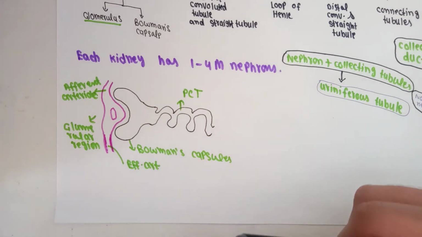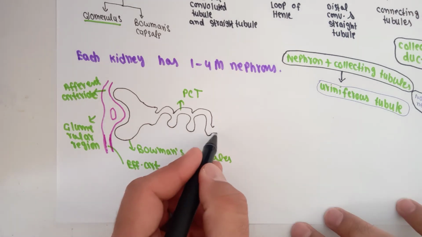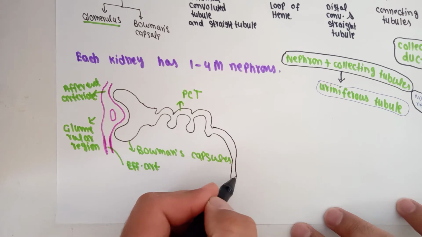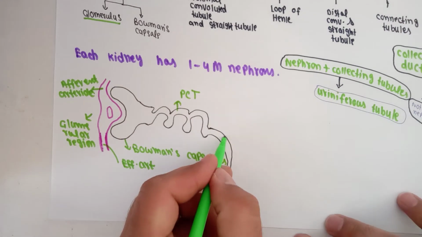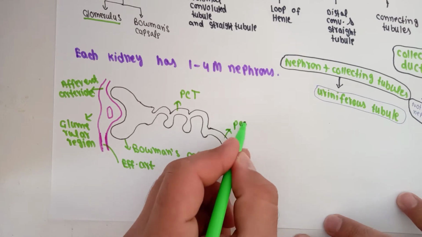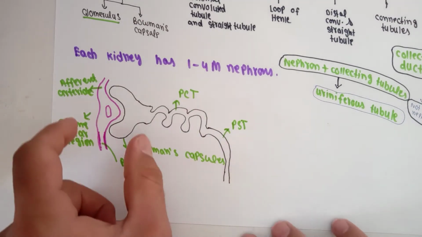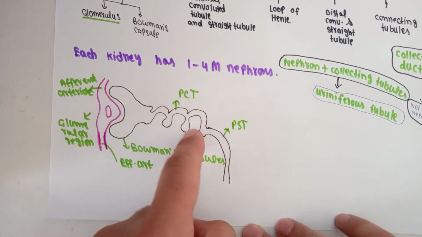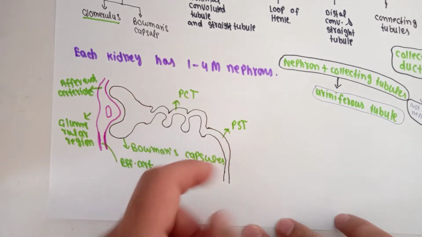Proximal convoluted tubule is followed by another part which is known as the proximal straight tubule. This is the PST. PST means proximal straight tubule. It is important to note that the renal corpuscle and proximal convoluted tubule are present in the cortex region, which, as you know, is the outer region of the kidney.